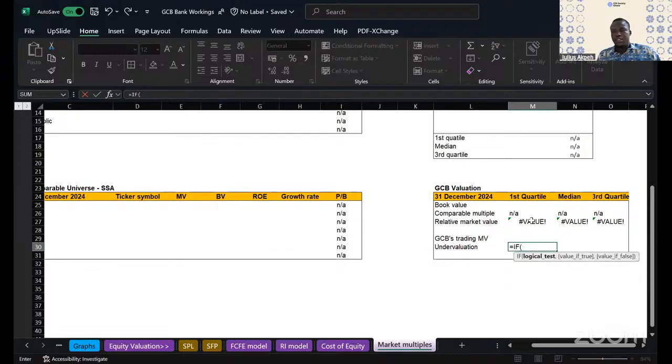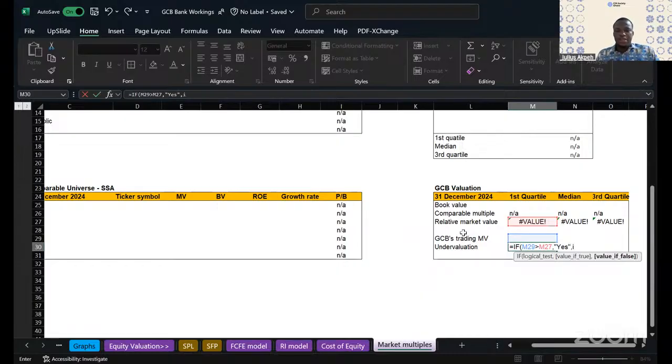So it will be that if this is this, then say this. If that is that, then say this. So it's more like saying, if this is greater than this, in other words, if the market value is greater, then what do we do? Market value is greater, then we can say that there's an overvaluation. Greater market value will mean overvaluation. So we can say yes, there's overvaluation.